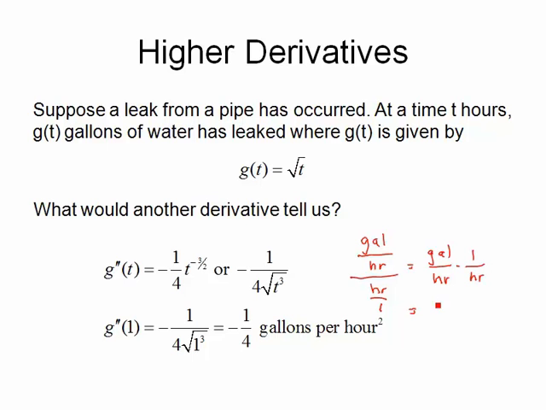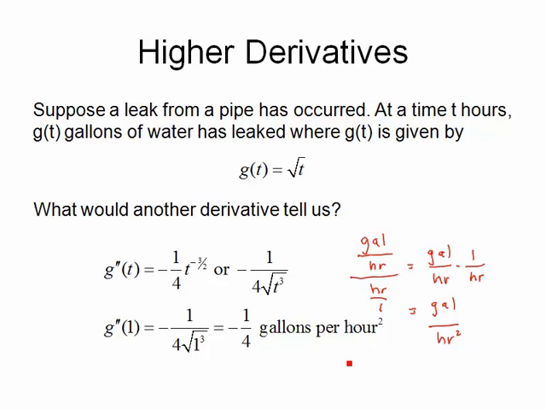When we work that out, we get gallons per hour squared, because hours times hours gives us hours squared. But remember, you can always break it back into gallons per hour to help you interpret what's going on.